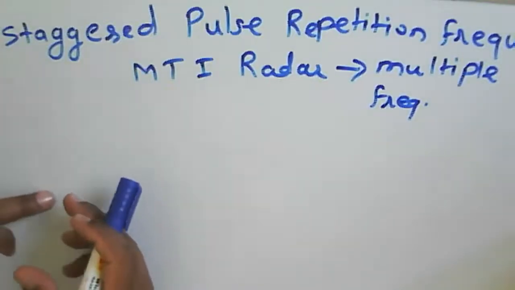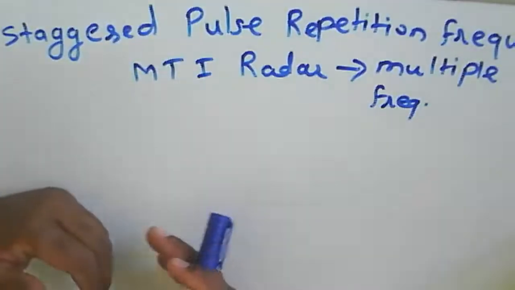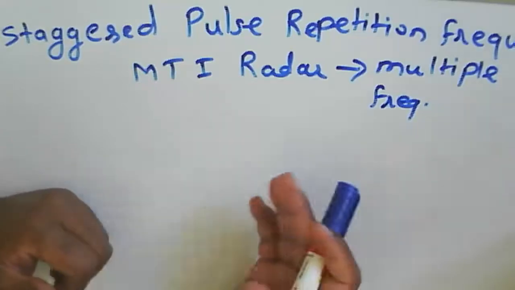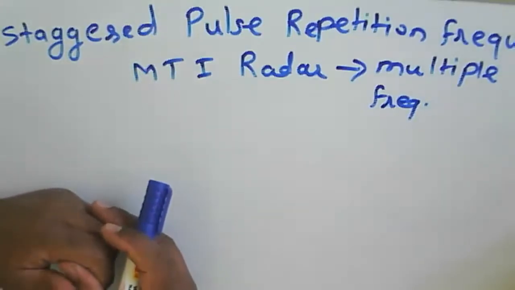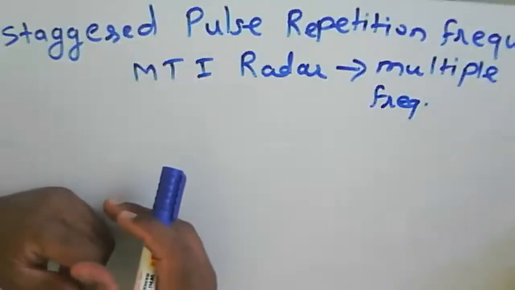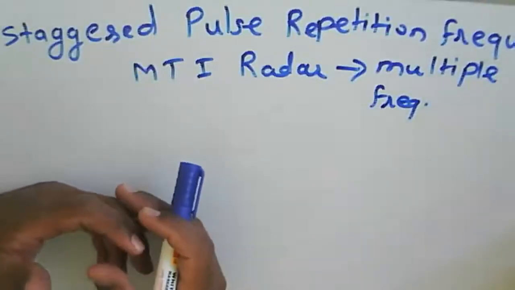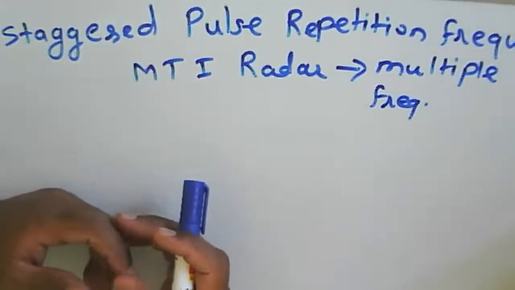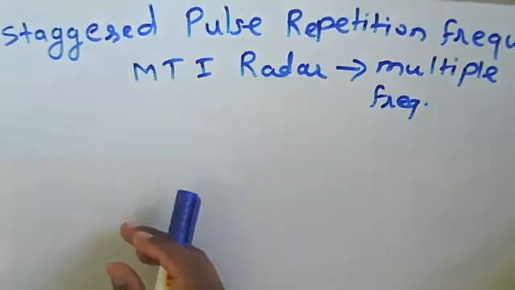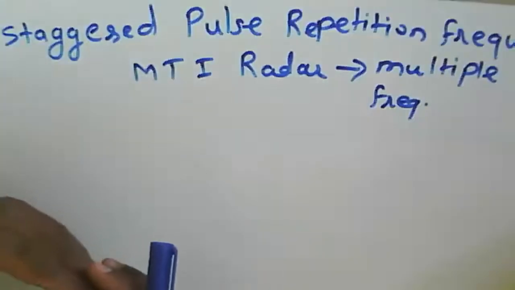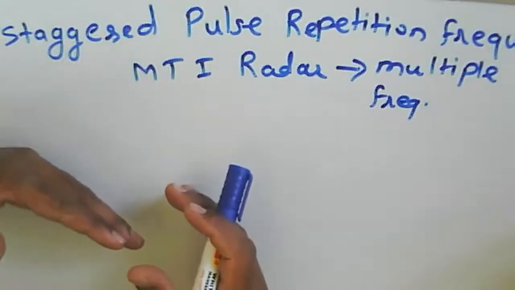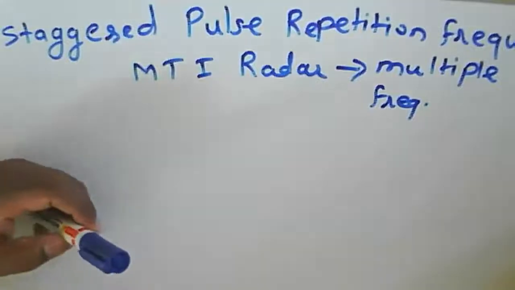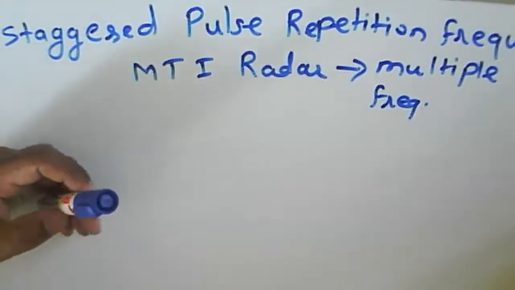In that case, the blind speed for a given radar occurs at a different interval, even if we are using two radars. A single radar also has a blind speed with respect to its pulse repetition frequency. So instead of a single pulse repetition frequency, we use multiple pulse repetition frequencies, and then we can use a single radar.